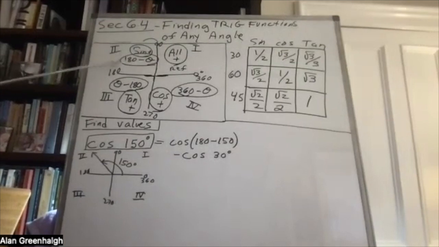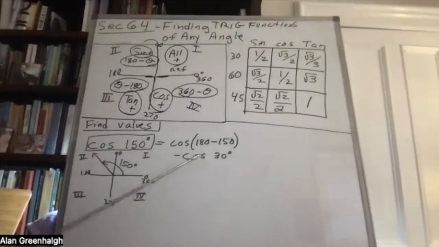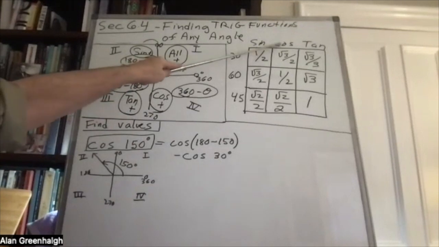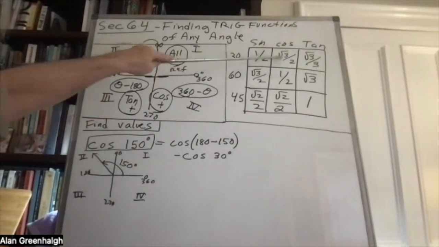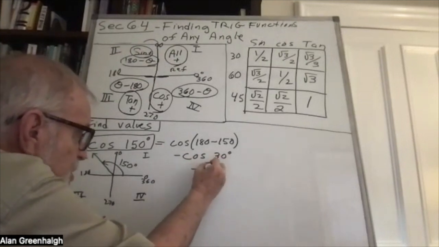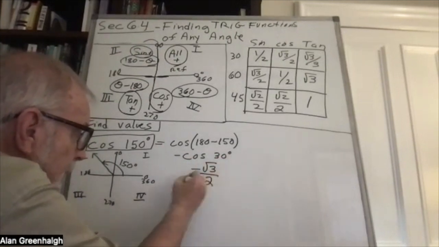And the reason it's negative is because only the sine is positive in the second quadrant. And what's the cosine of 30 degrees? Cosine 30 degrees, square root of 3 over 2. Answer is negative, the square root of 3 over 2.